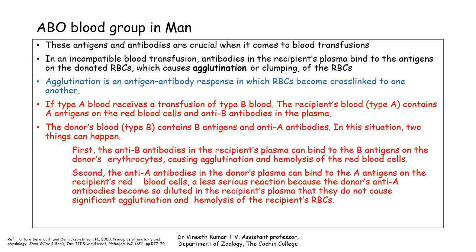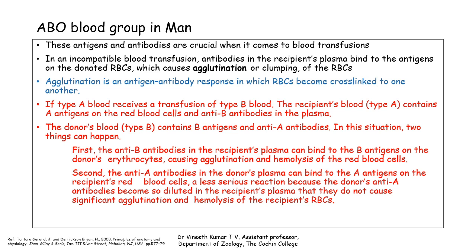The amount of antibodies will be so little compared to that of the recipient's blood. As a result, agglutination of the recipient's RBC is less likely to happen. But the hemolysis of the donor's RBC is likely to happen, and that might result in complications when you are mixing incompatible blood.